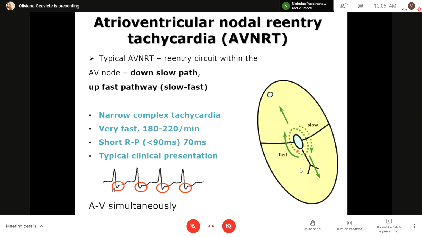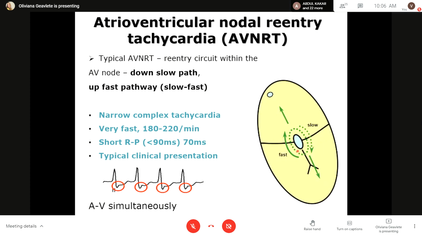And why is that? Because the ventricles are normally activated through the His-Purkinje system, yes? It is like this. You will have a short RP, less than 90 milliseconds, and if you do the electrophysiologic study, less than 50 milliseconds, but it is good whatever you find, 90, 70, just take into consideration 2 squares when you talk about the RP segment.